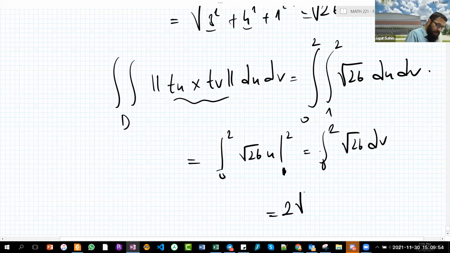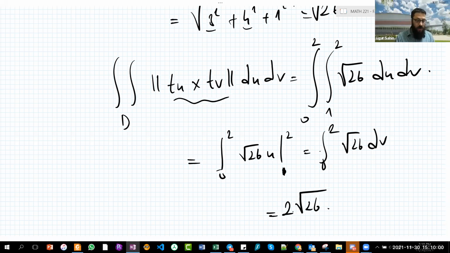And then that's going to be equal to 2 square root of 26. That is the surface area under consideration, the surface area for the plane. You see, I didn't use the normal plane equation. I just used the parameterization and then the formula for the surface area. Any question?